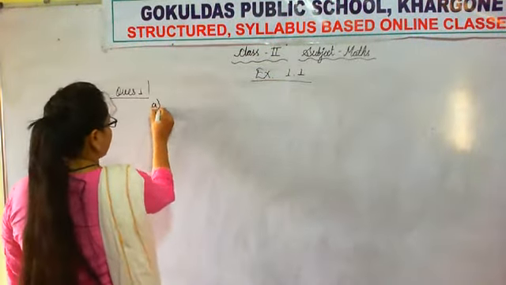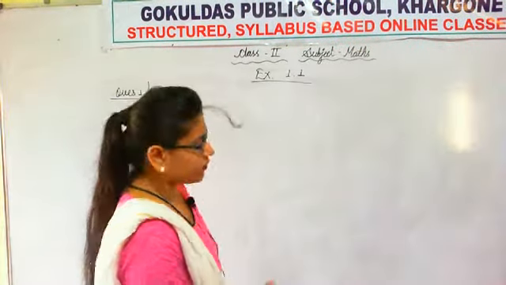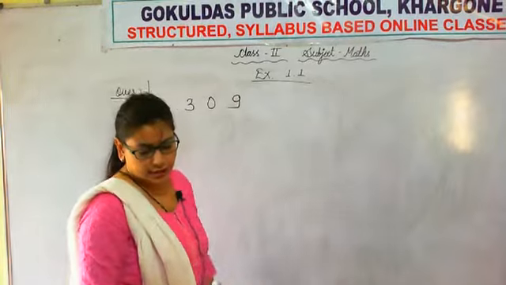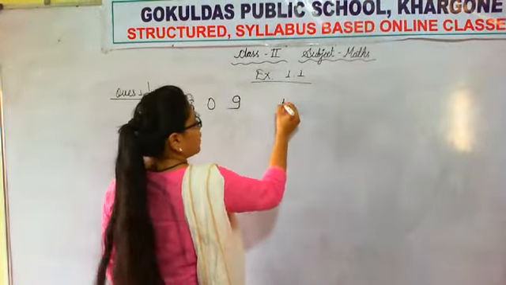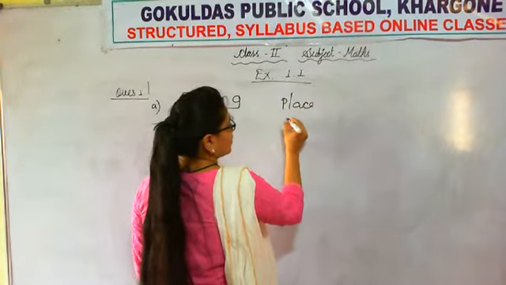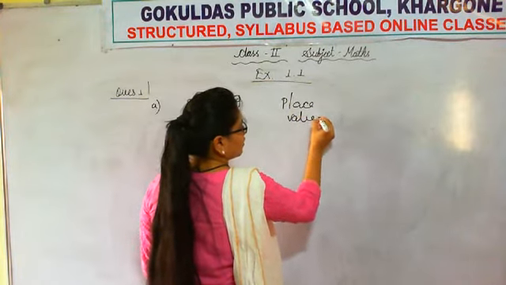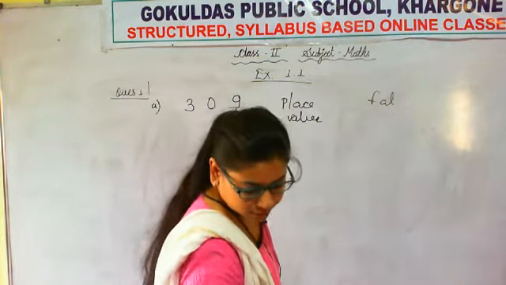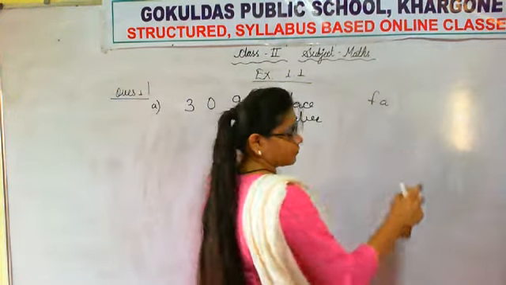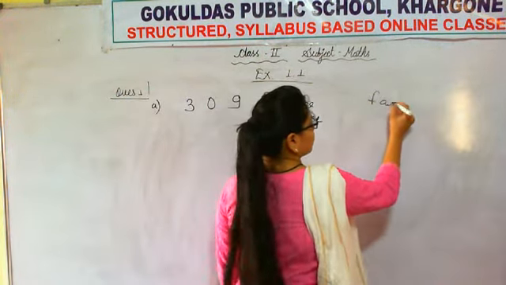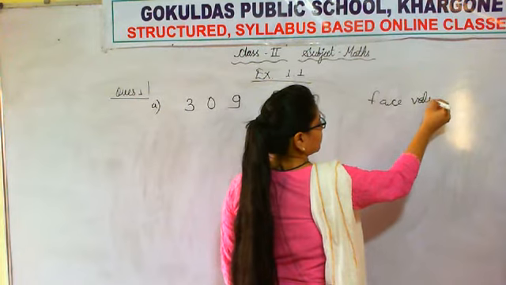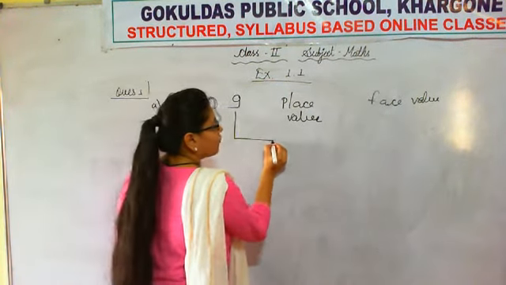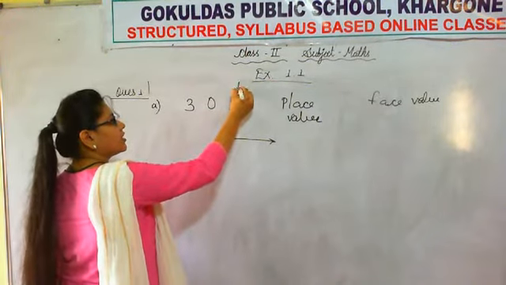So A, 309. We will write place value here and face values here. Okay. So place value of 9. Which position is this?